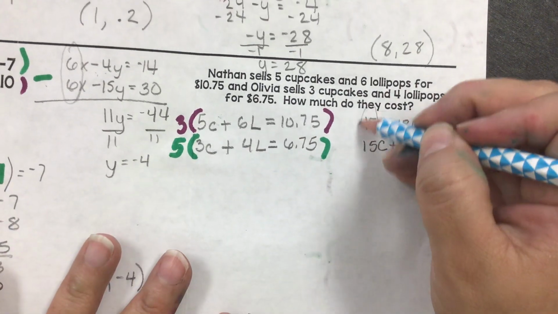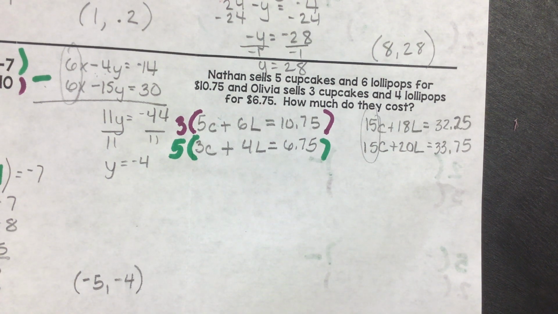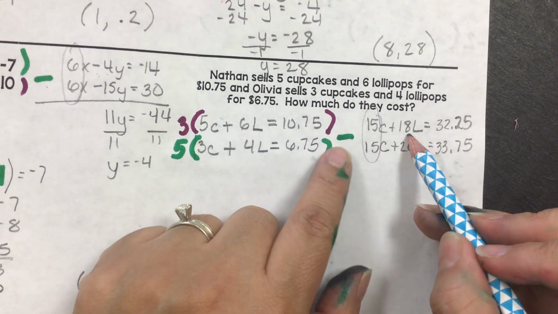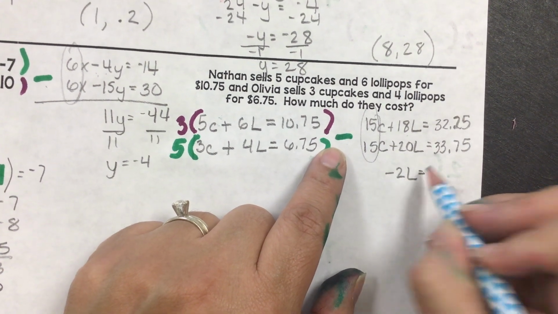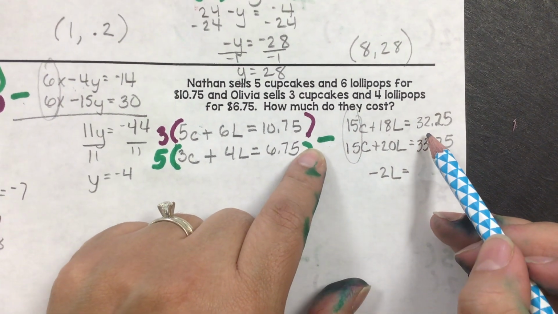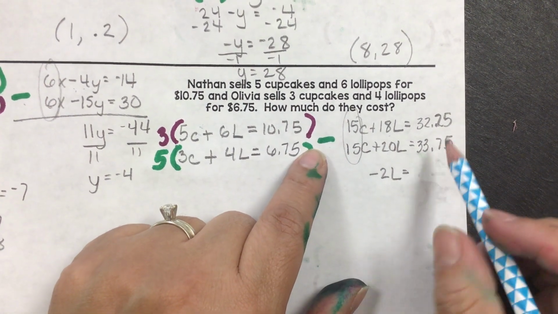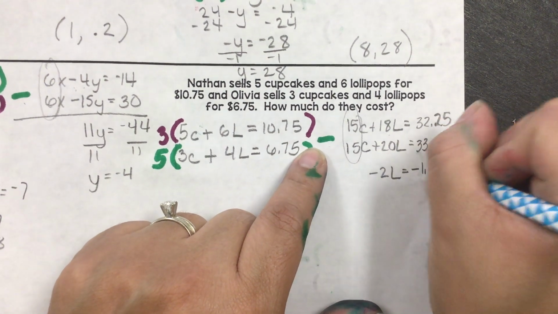You're looking at the number in front to see if they're the same. And if they're the same sign, we subtract. That means that we have 18 minus 20, that gives you negative 2L, is equal to 32.25 minus 33.75, which gives you negative 1.5.